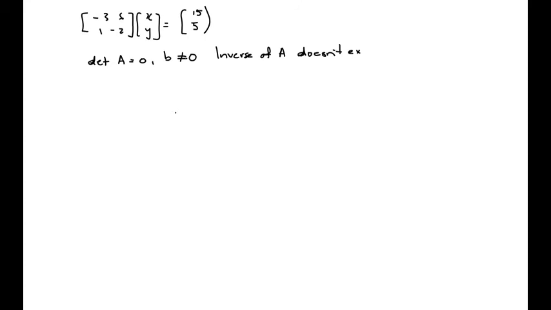And if you think about how we find the inverse, we'd be wanting to do 1 over the determinant, and if the determinant's 0, it doesn't work. So there's going to be a problem solving this set of equations, and that's basically because the second equation is negative 3 times the first one.